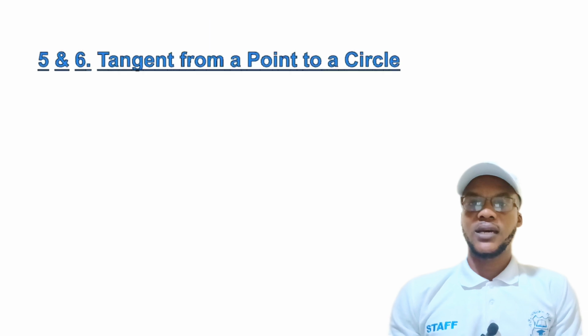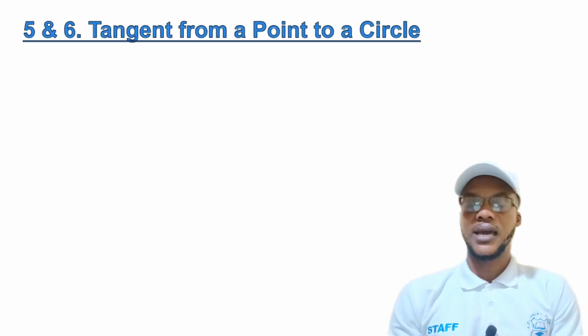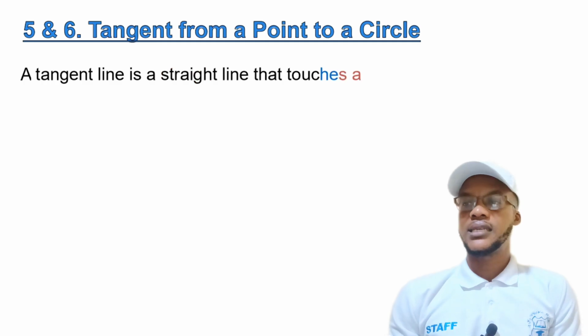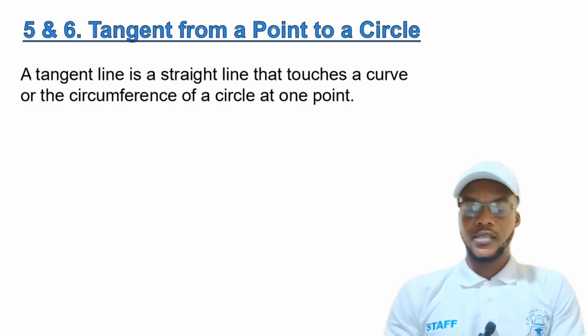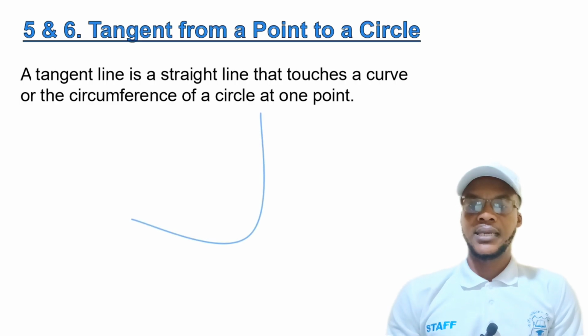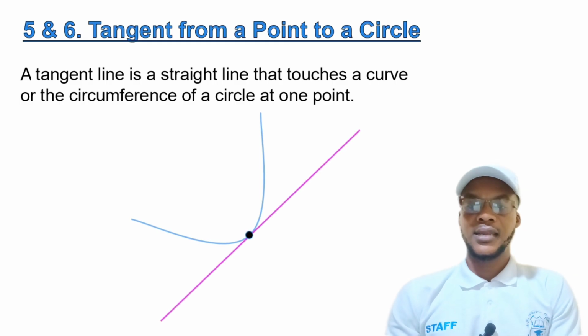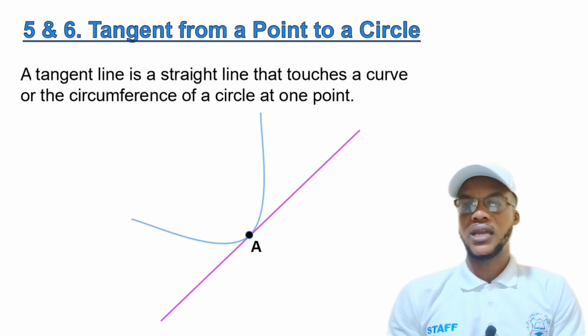But before that, what is a tangent line at all? When we talk of a tangent line, we are saying that it's a straight line that touches a curve or the circumference of a circle at one point. So if we take this curve, we realize that the line touches this point at A. That is the tangent line we are talking about.